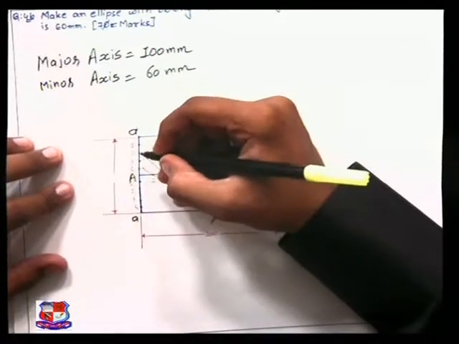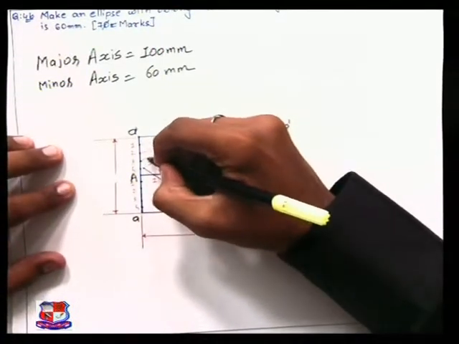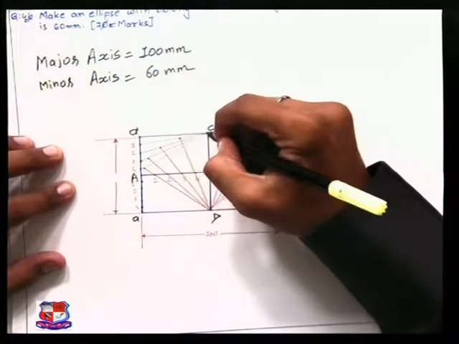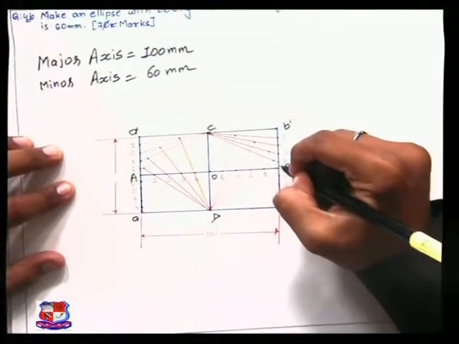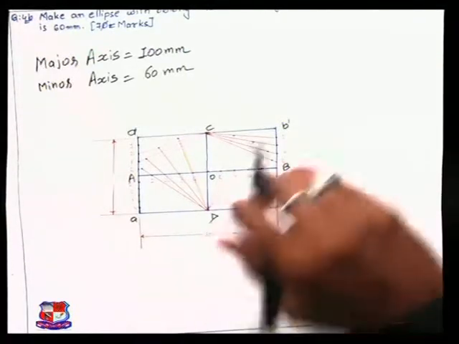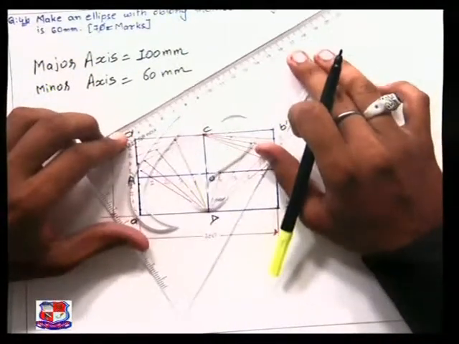Now we have got a total of 8 points. Join these points with the use of a French curve.